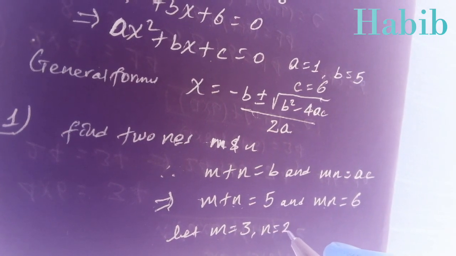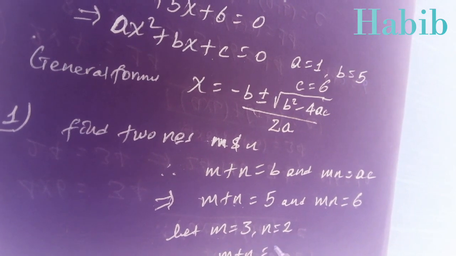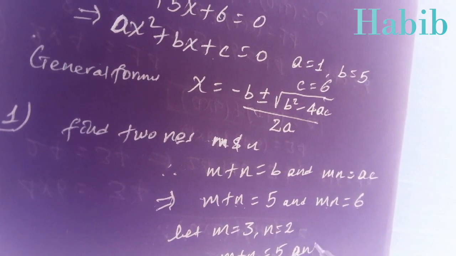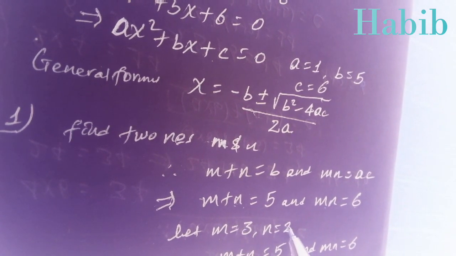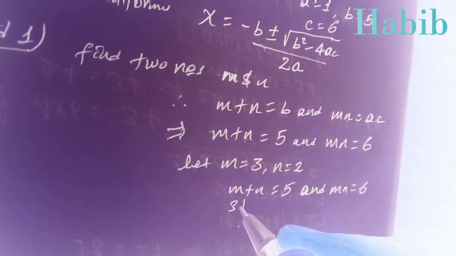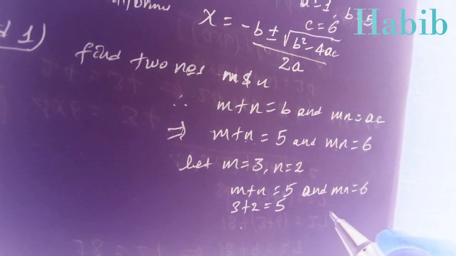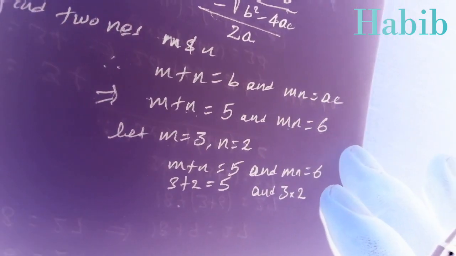We can say that m is 3 and n is 2. Therefore, m plus n becomes 5. 3 plus 2 is 5, and mn is 6. Therefore, 3 and 2 are possible numbers for this. 3 plus 2 is 5, and 3 times 2 equals 6.